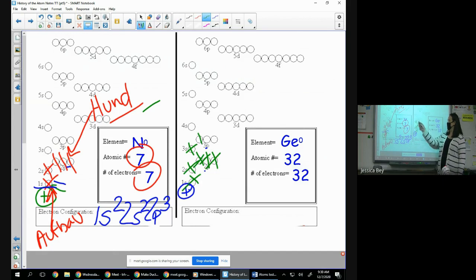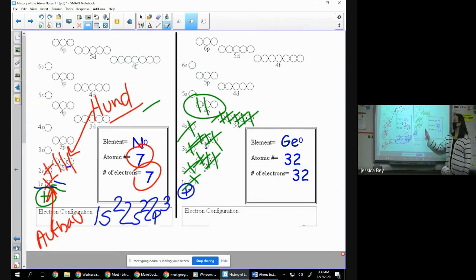Spread them out. 13, 14, 15. 16, 17, 18. 19, 20. 21 through 30. And then you give them their own because of Hund, 31, 32. If you were to double them up, it would be wrong. Every electron wants its own space if possible.